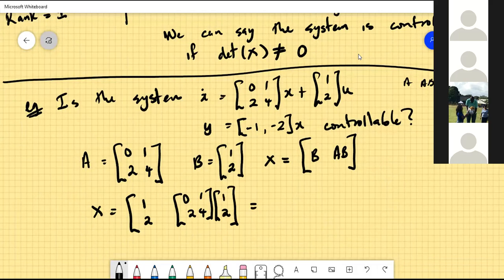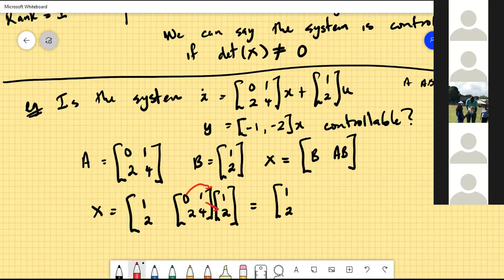That is equal to, if I multiply this matrix, 0 times 1 is 0, plus 1 times 2 is 2. So that's 2.